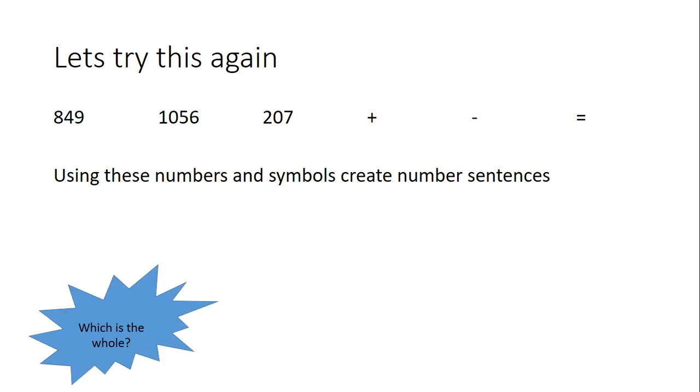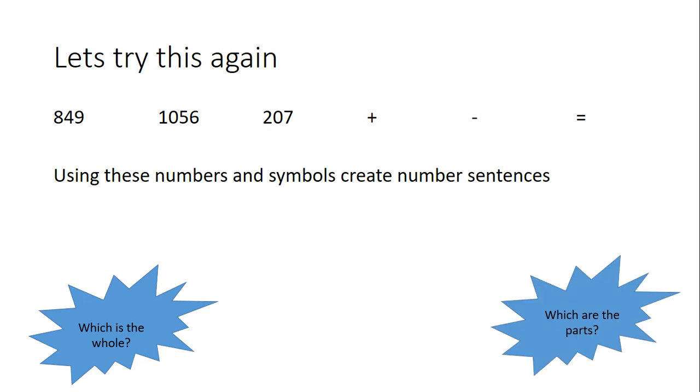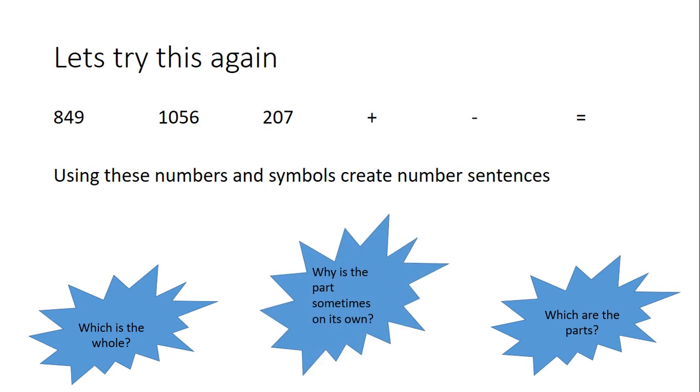Okay, so just also with this, quick question: which of these numbers is the whole? How do you know? Is there a way to kind of prove it? Which are the parts? Again, how do you know? How can you prove it? And why is the part sometimes on its own with some of these calculations?